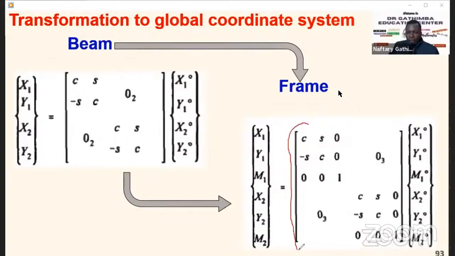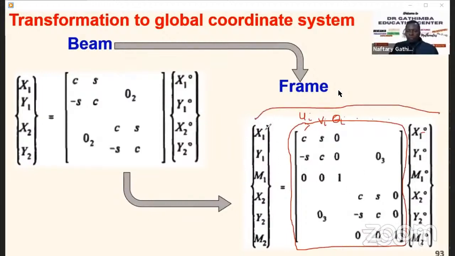This is a transformation matrix for the plane frame, incorporating now all the axial effects, all the displacement effect or component. So the axial effect, this is the UI, the transverse effect, VI, and the rotation effect, theta I. Same case, UJ, VJ, theta J. So this is a transformation matrix, and this is the transformation equation from the local coordinate system to the global coordinate system by pre-multiplying the global coordinate element or component by the transformation matrix.